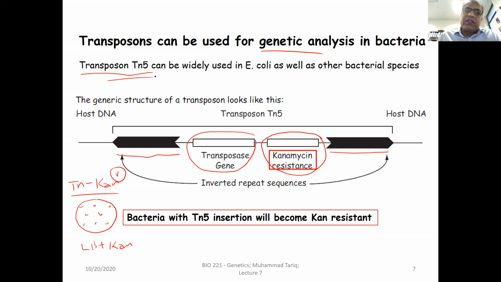Think of the process of mutagenesis using P element in fruit flies, or, for example, in plants, Agrobacterium-mediated transformation, the T-DNA mediated insertional mutagenesis. In a similar context here, we are going to generate a mutant population.